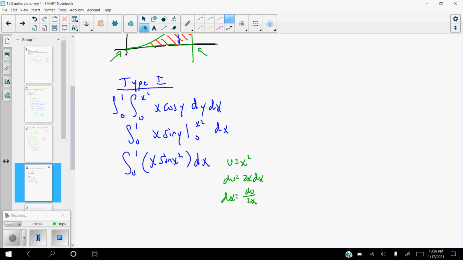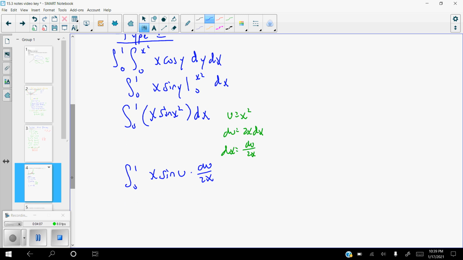Actually, switching the bounds, ironically, is going to give me the same bounds, because you plug 0 into x squared, you get 0, and plug a 1 into x squared, you get 1. So you're still going to end up with the same bounds. And then we're going to get x sine of u times du over 2x.